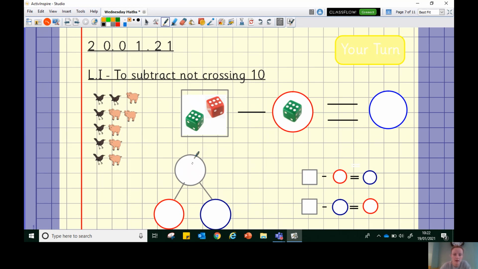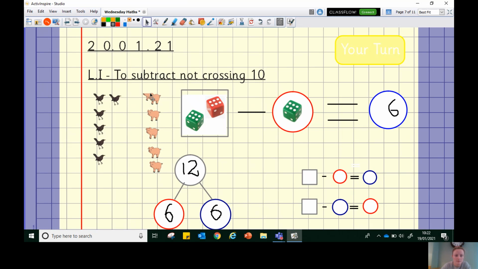Okay, I've done another one here. I've rolled the dice. I've got 12, so I'm going to put that in my whole part model straight away. So make sure I've got my 12 counters. And minus 6, and then I have 6 left. Okay, so you can do that by physically moving 6 away. 4, 5, 6.